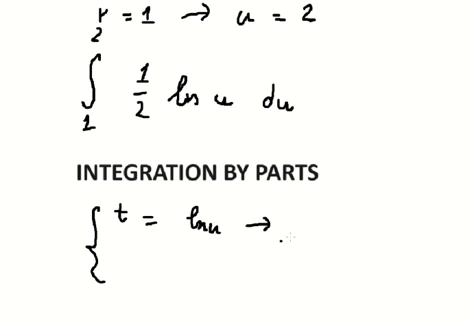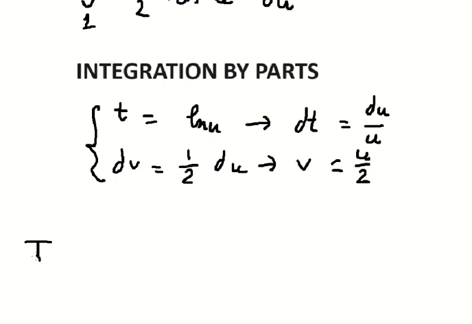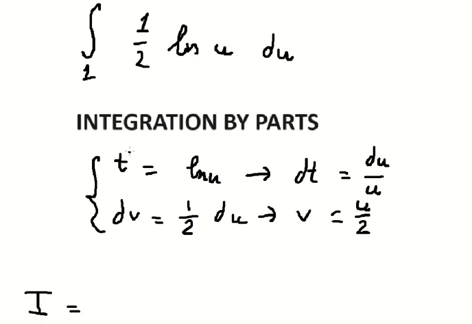The derivative for both sides, that is du over u. dv, that is 1 over 2 du. The integration of this one, we have u over number 2. So we have t multiplied by v.